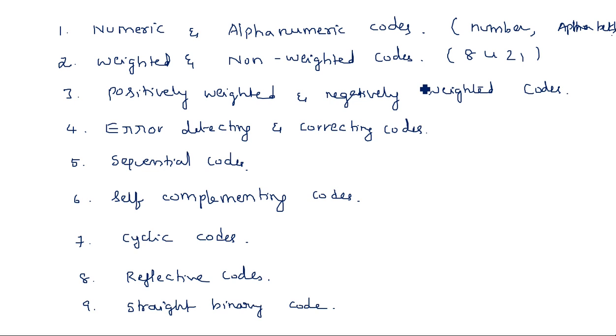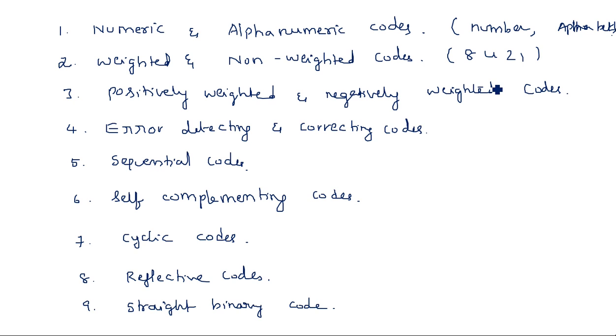Positively weighted and negatively weighted codes: in positively weighted codes all the weights assigned to the binary digits are positive, and in negatively weighted codes all the weights are negative. According to that, we represent the binary information. I will give you a few examples of how to represent the 8421 code and what the other codes are.